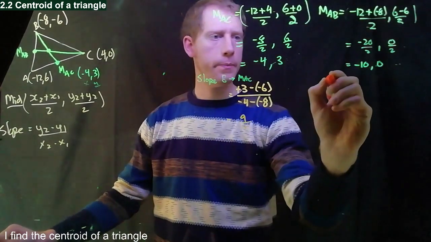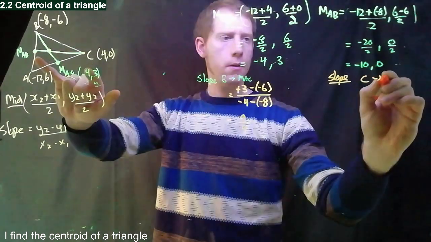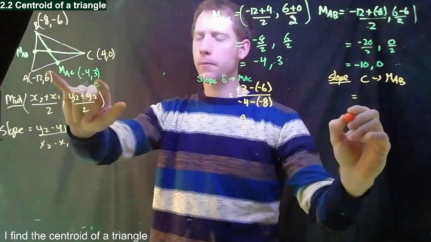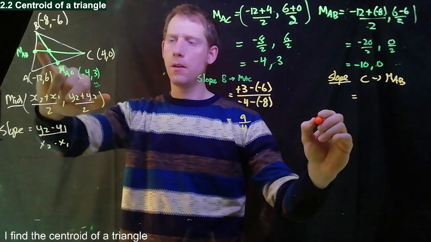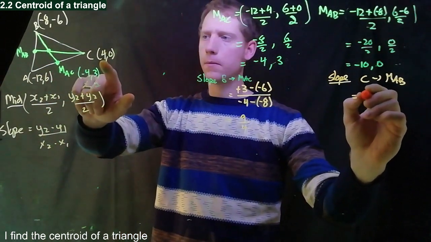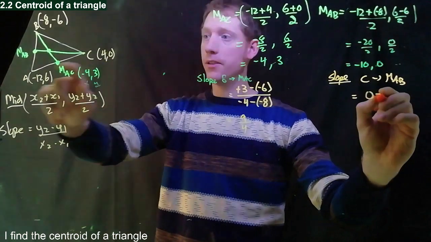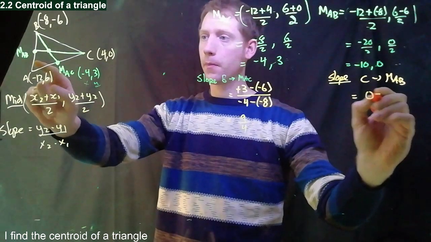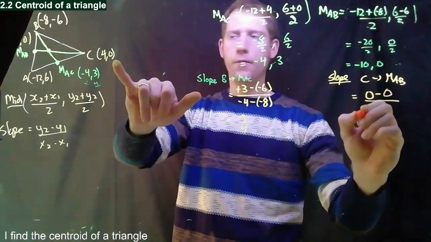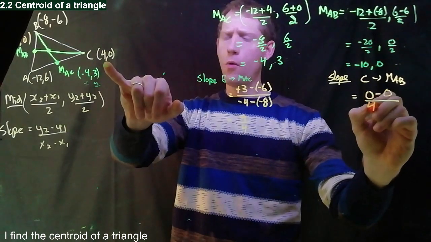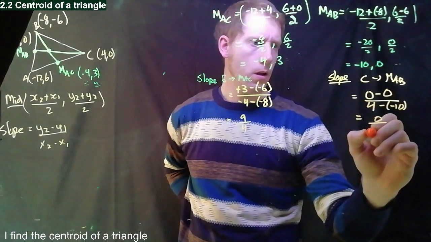And then we need to find the slope of this line here, C to MAB, which is going to be 0 minus 0 divided by 4 minus 10, which is 0 divided by 14.